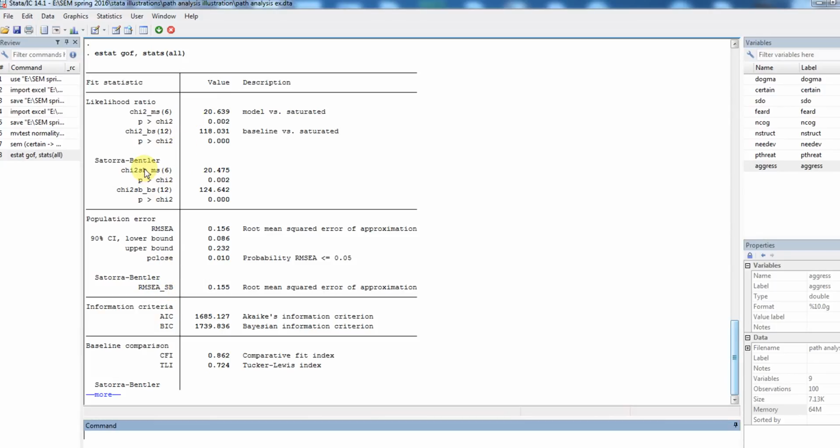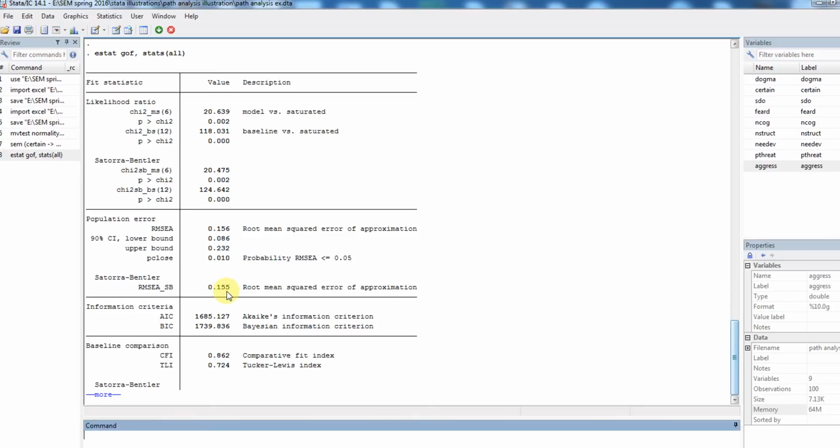What we're looking for here are values that are 0.05 or below. That would suggest more optimal levels of fit. Below 0.08 would suggest at least acceptable fit. And in this particular case, this value is definitely above 0.08, which would suggest poor fit.